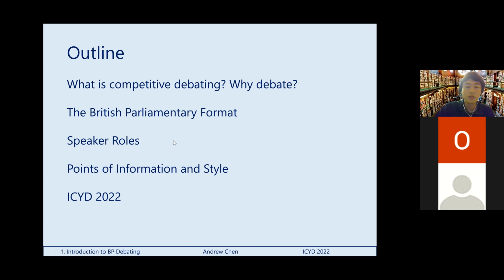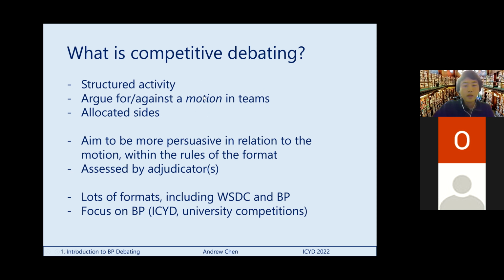After that, we'll go into the speaker roles of each speaker within a debate. We'll look briefly at points of information in style, and finally conclude with some information about ICYD 2022 and how that's going to run.